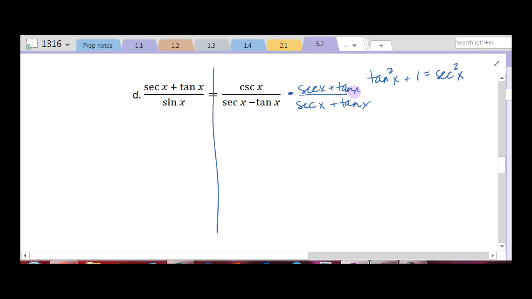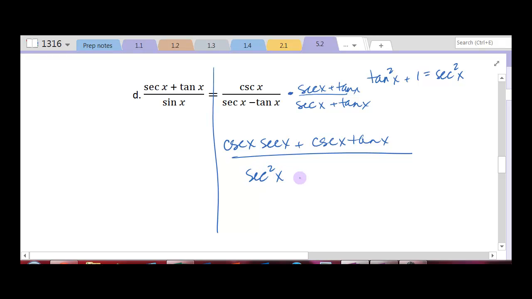Okay, so the numerator, I'm going to go ahead and distribute this, becomes cosecant x secant x plus cosecant x tan x all over, when I multiply these two terms together, I end up with secant squared x minus tan squared x. Okay, so far so good. Now how are those related?